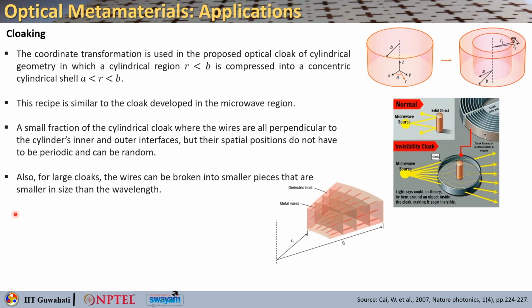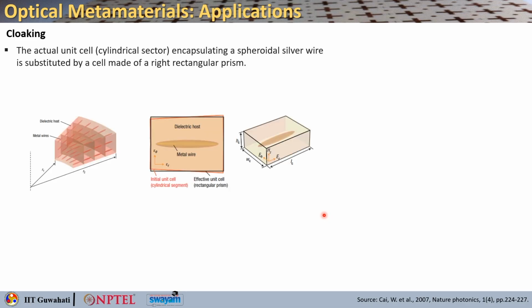And for large cloaks, you do not need continuous wires. You can have the wires broken into small pieces that are smaller in size than the wavelength. So, the actual unit cell is the cylindrical sector encapsulating a spheroidal silver wire.